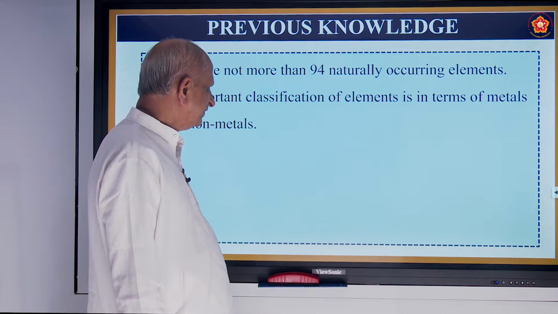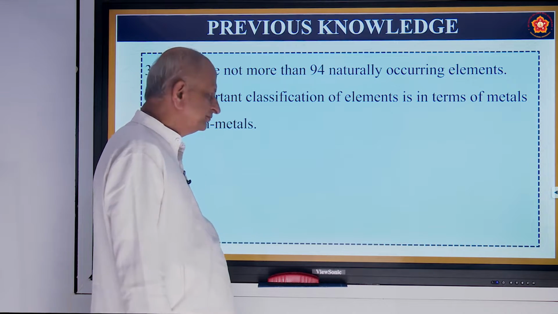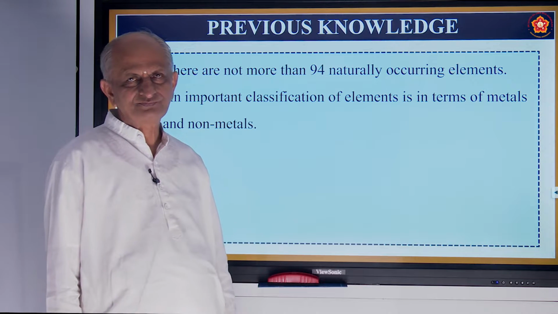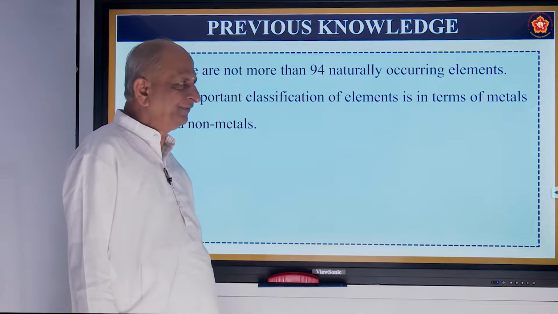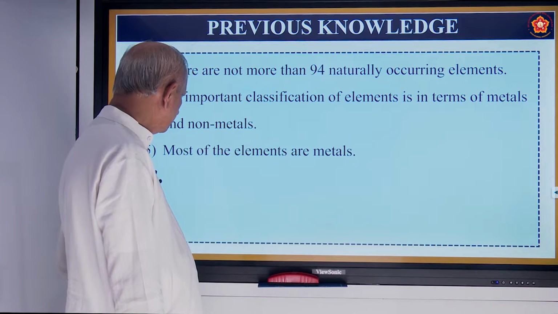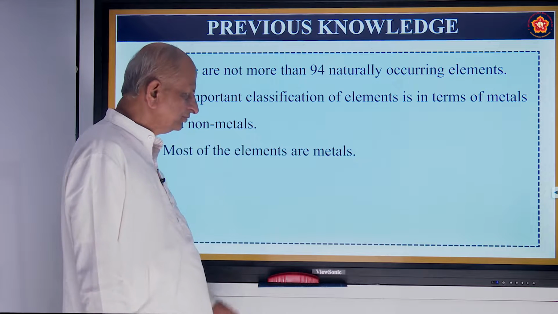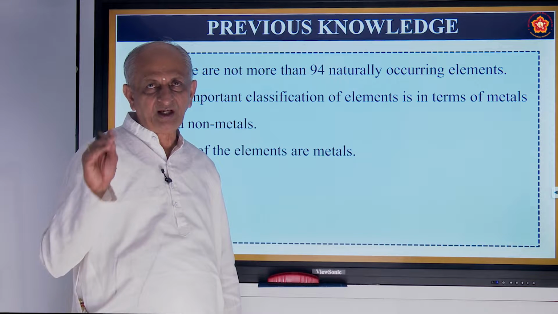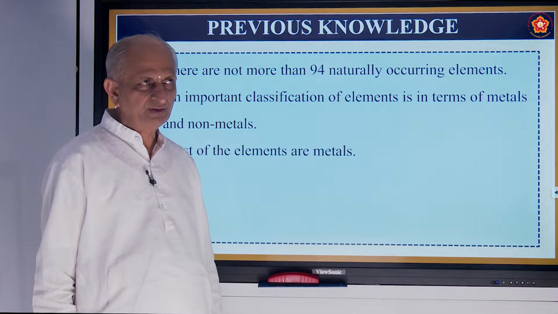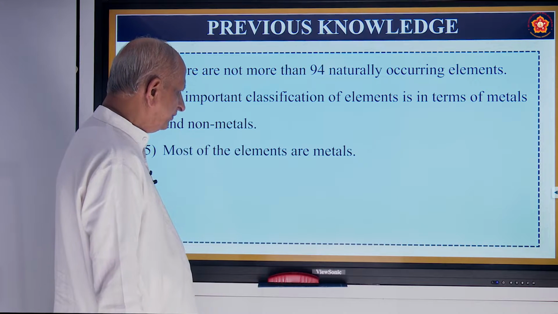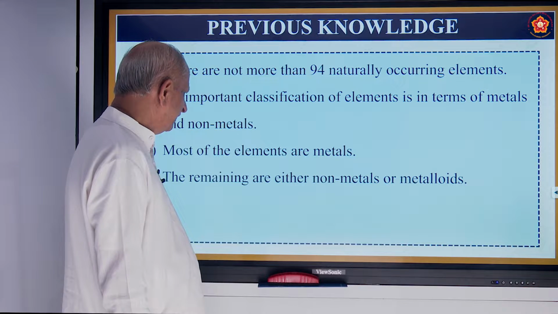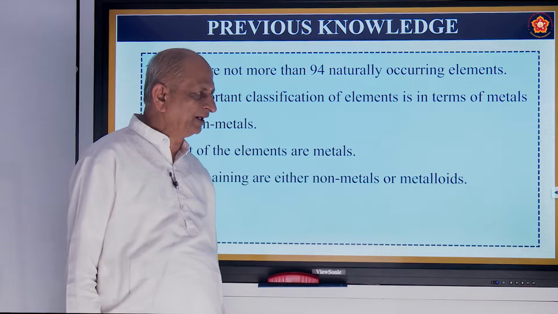An important classification of elements is in terms of metals and non-metals. So the main classification is metals and non-metals. So as I was just now telling you, more than 80 are metals. Out of 115 elements discovered, about 80 and more are metals. The remaining are either non-metals or metalloids.